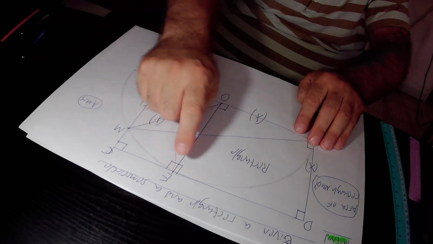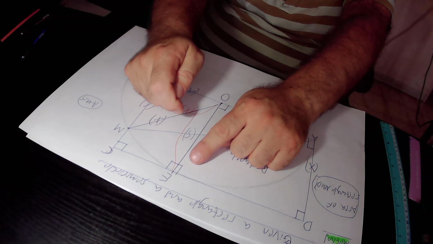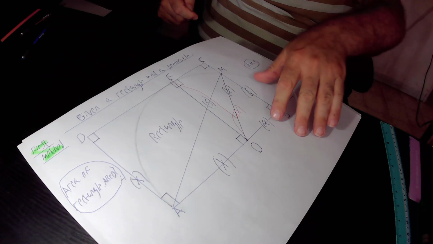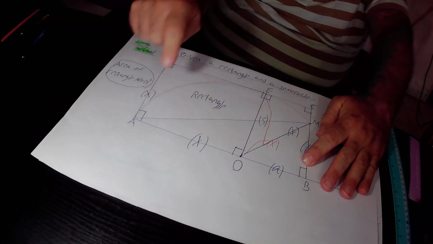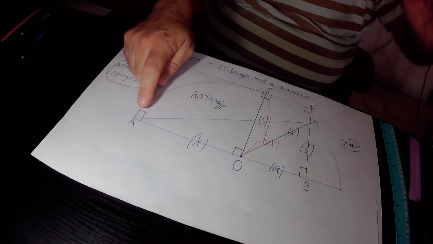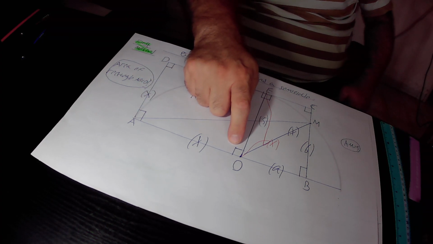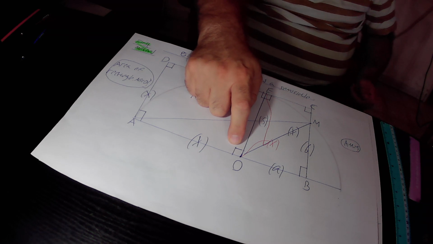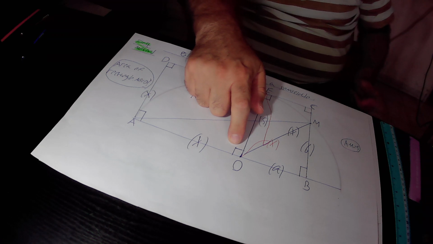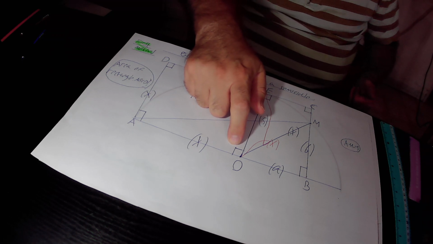If DC is perpendicular to EO, this angle equals 90 degrees, and this angle also equals 90 degrees according to rule 1. So in total, inside quadrilateral DEOA, we have three right angles. The sum of three right angles is 270 degrees, so 270 degrees plus the size of this fourth missing angle must equal 360 degrees, according to the rule that the sum of the angles in any quadrilateral is 360 degrees.